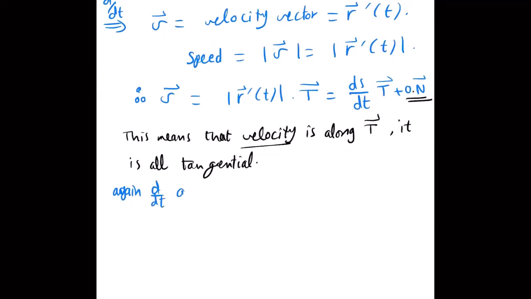So we differentiate ds by dt times the vector T. There is no 0 in the direction of N. So how do we differentiate a product of two things? We differentiate the first times the second, plus the first times the differential of the second.